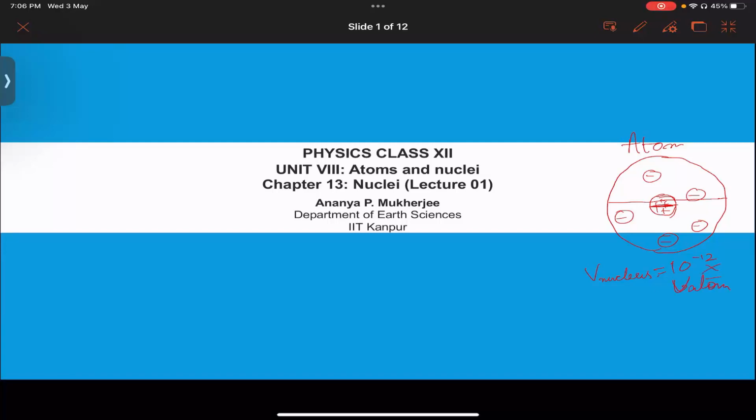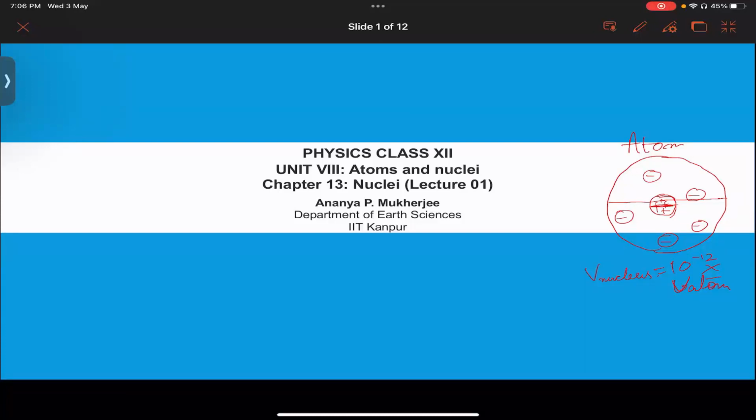So essentially we can say that the atom is kind of empty, and the mass of the atom is concentrated in the nucleus itself. More than 99.9% of the mass of the atom is in the nucleus.